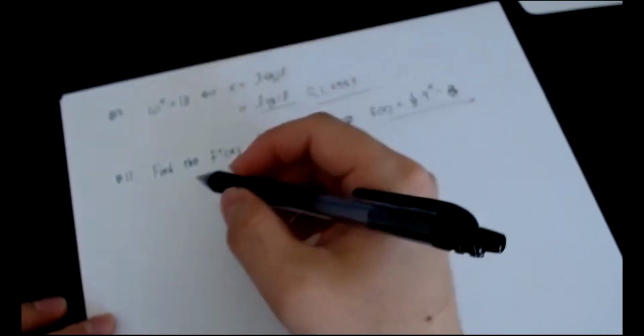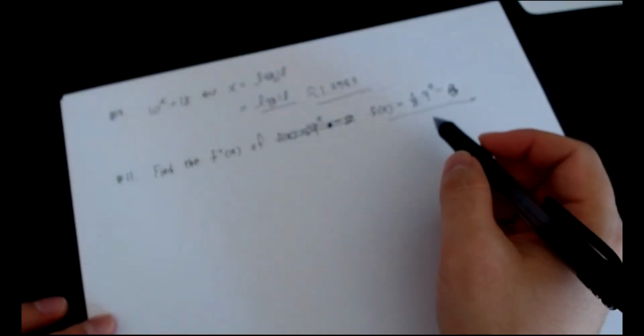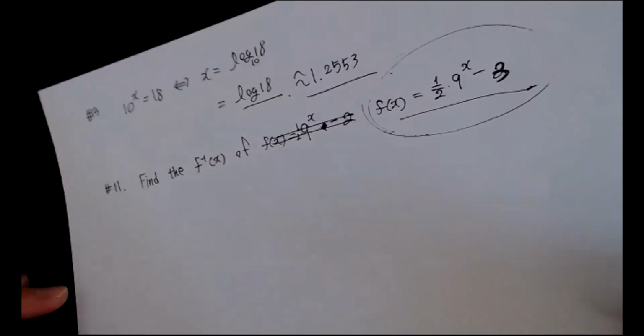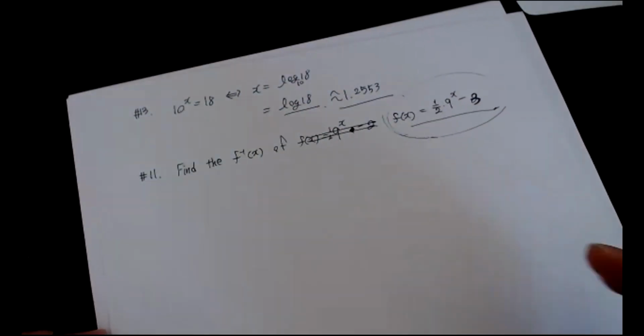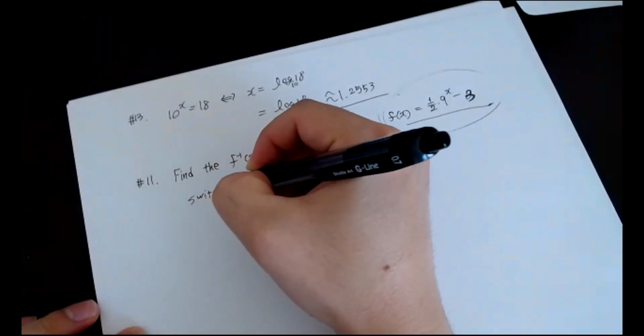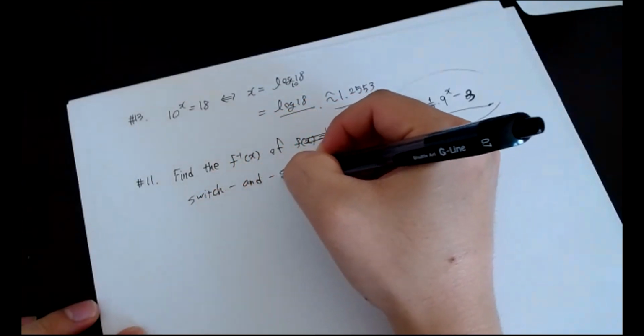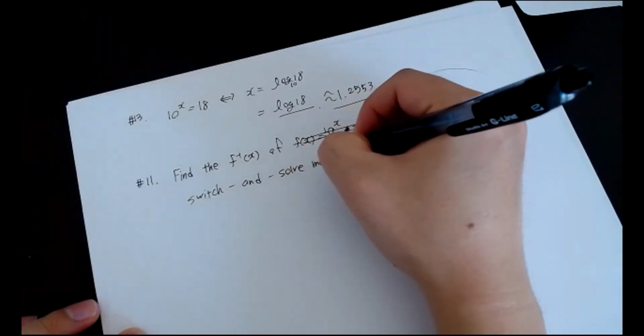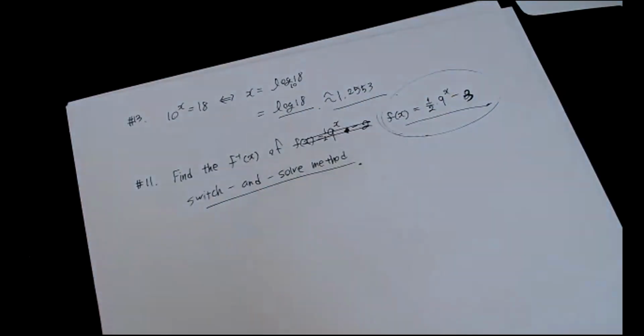To find the inverse function of this one, you see that this is an exponential function, right? So we know that the inverse function of that function must be a log function. Anyway, I'm going to use the switch and solve method. What's the switch and solve method?